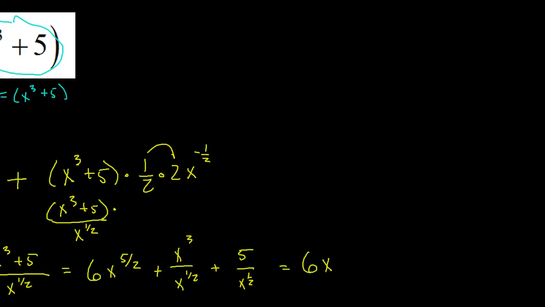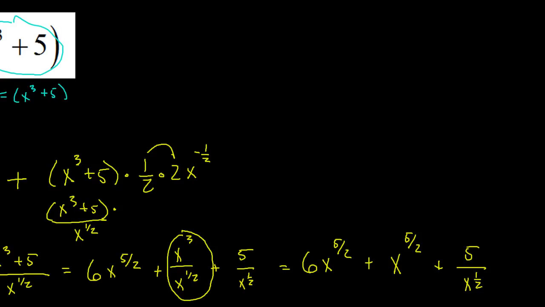So I got 6x to the 5/2 plus, now right here, remember when you're dividing powers, you could subtract the exponents. So 3 minus 1/2 is 2.5. So I get x to the 5/2, because 3 minus 1/2 is 2.5, 5/2. Hopefully that makes sense, right? Plus 5 over x to the 1/2.